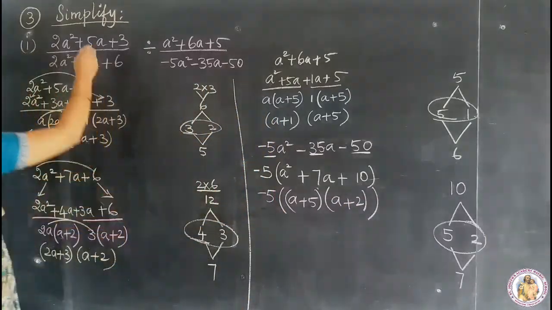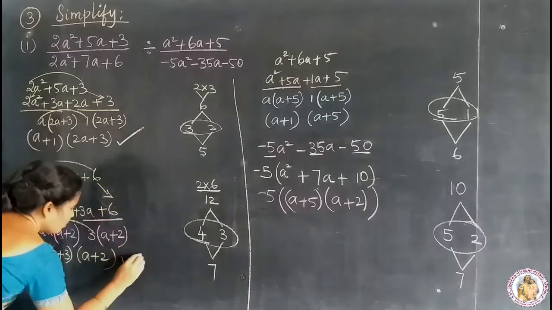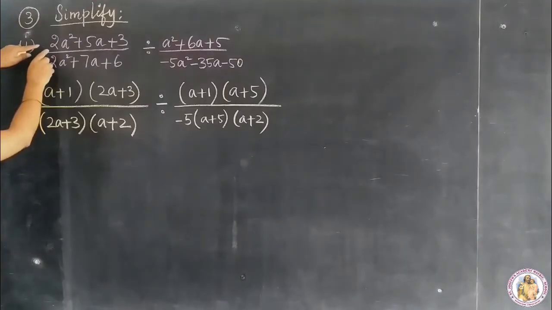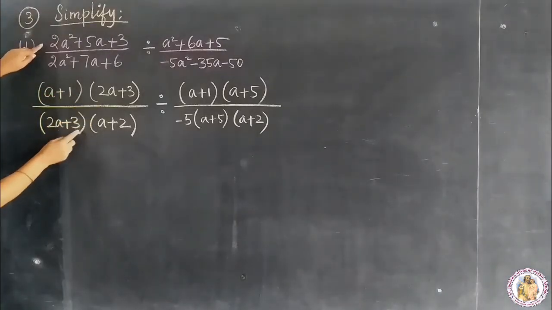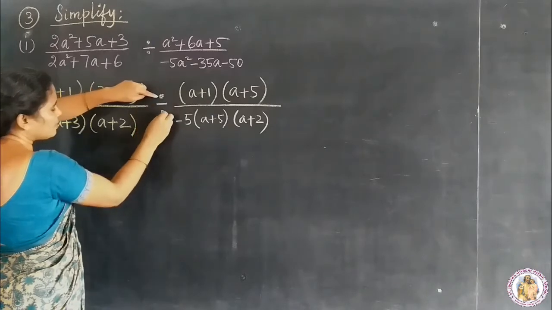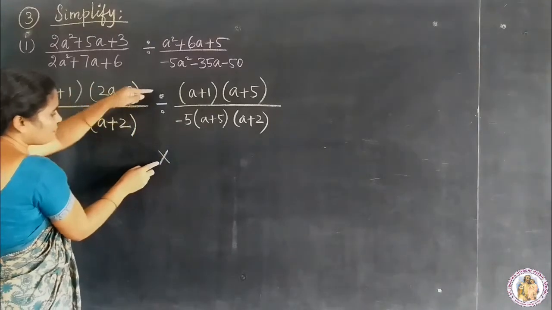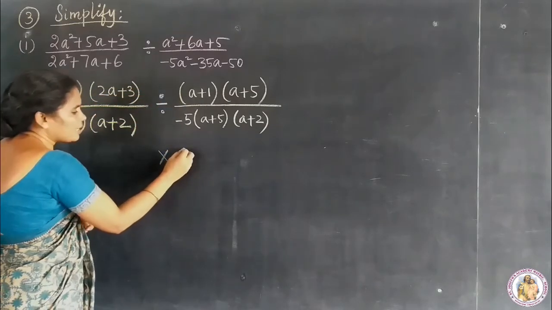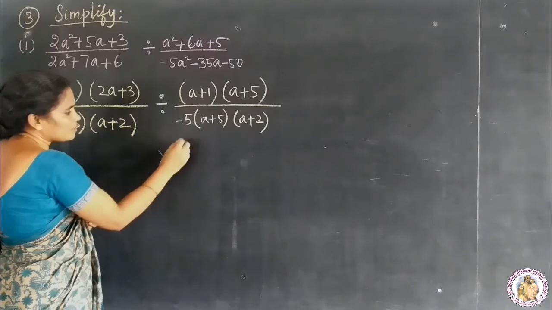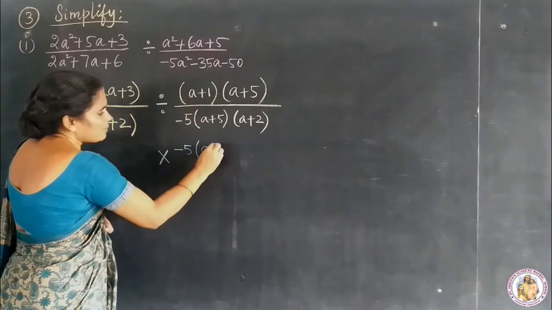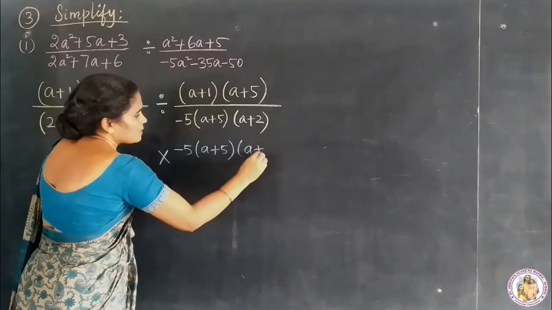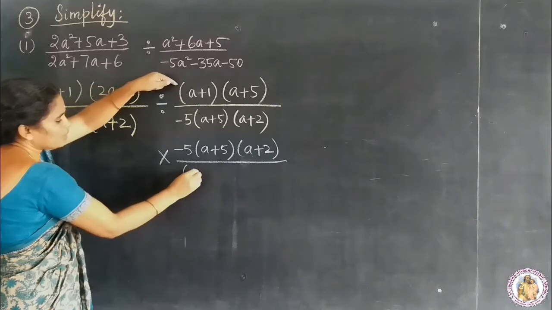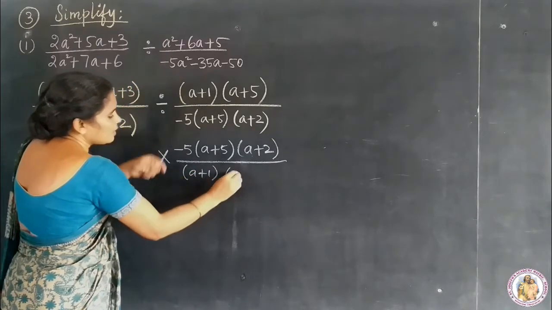Now you can just substitute the values that you have found, substitute the factors and simplify. After substituting the factors in each place, here we have division. So to simplify, convert this into multiplication and take the reciprocal of the denominator, the numerator as denominator. a plus 1, a plus 5.